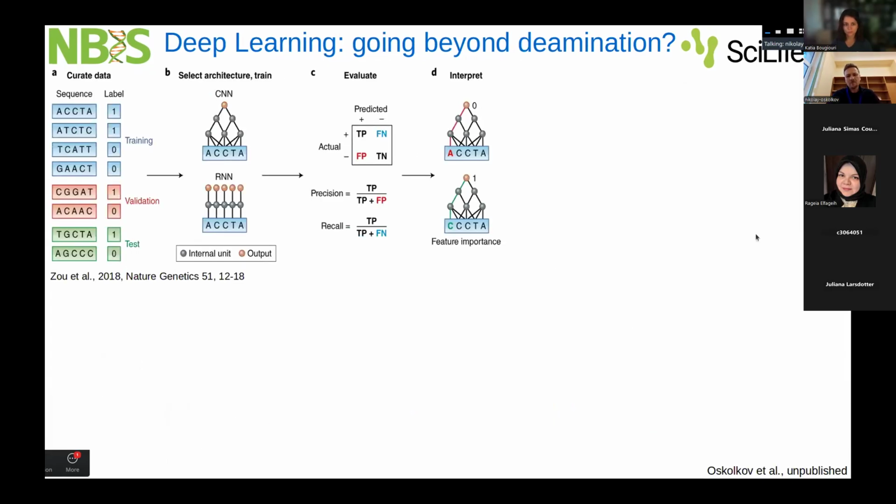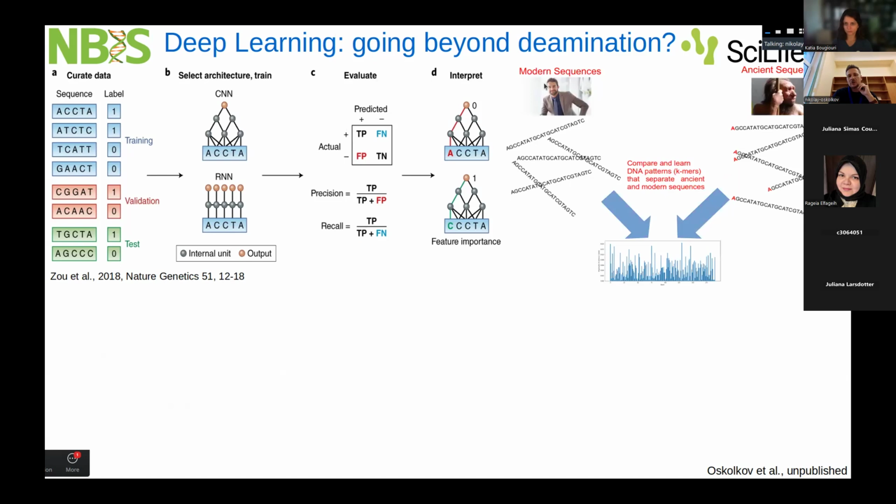Also, what I'm personally developing in my group, that I hope we can publish soon, is a very old idea that I formulated back in 2018 and never had time to wrap up as a proper publication. The original idea is to use a CNN, a convolutional neural network architecture, for learning modern sequences versus ancient sequences.